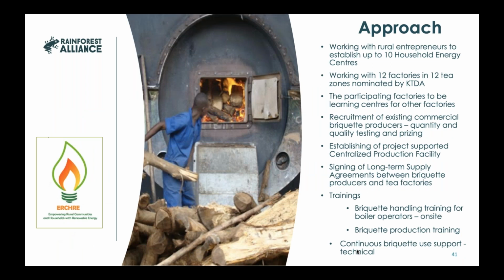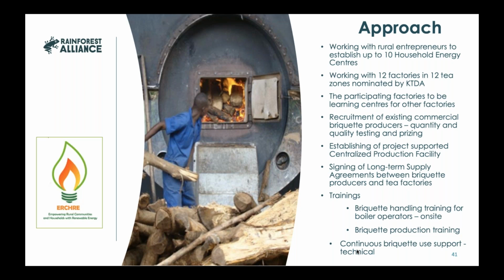So our approach is to work with existing and new entrepreneurs locally. We are working with communities and individuals who have interest in doing energy businesses. We are mentoring new ones, but we are also supporting the existing ones in establishing the household energy centers. As I said, we'll work with 12 tea factories in 12 tea zones.